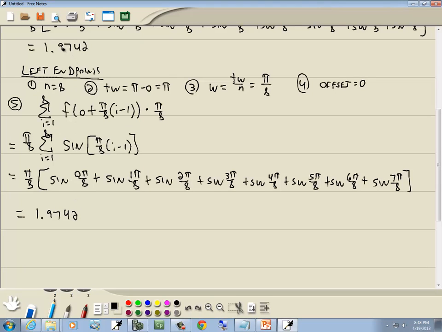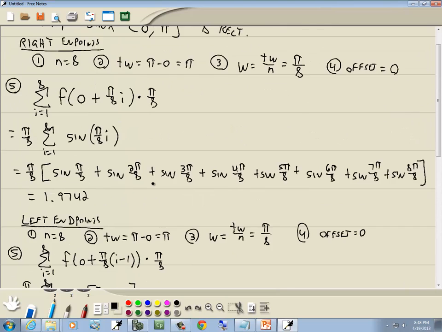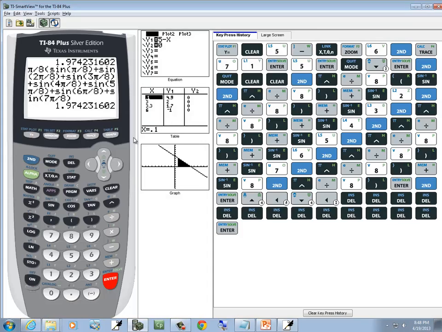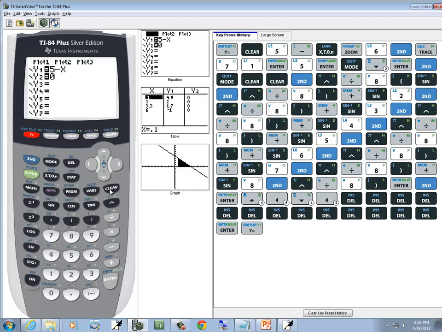Now you can see our right endpoint and our left endpoint give us the same value to 4 decimal places. So it's a pretty good assumption for approximation that our area is going to be 1.9742. Now we could plug this into our calculator again. Sine x. You should still already be in radians from what we did earlier, but if I press y equals, clear, sine x.